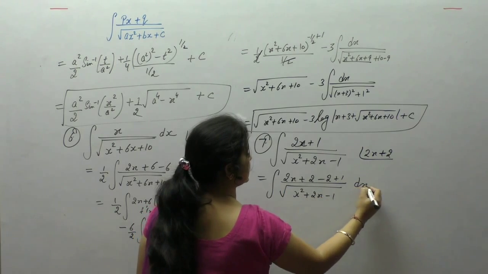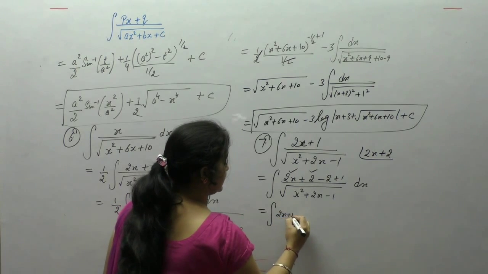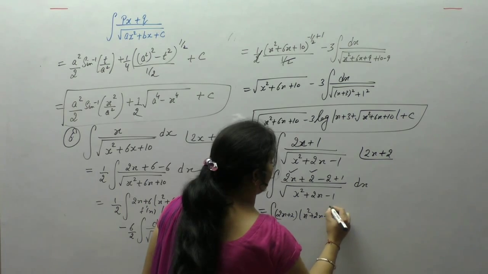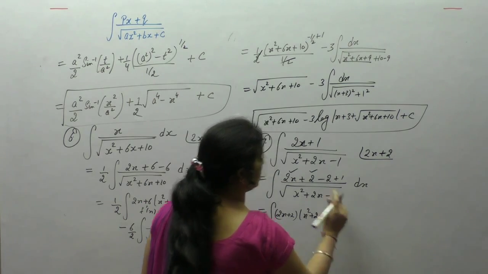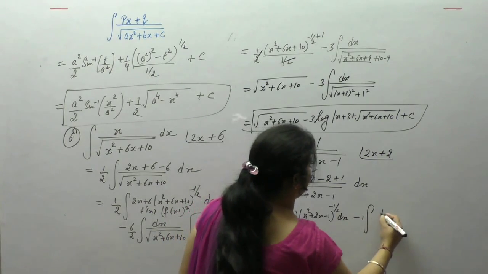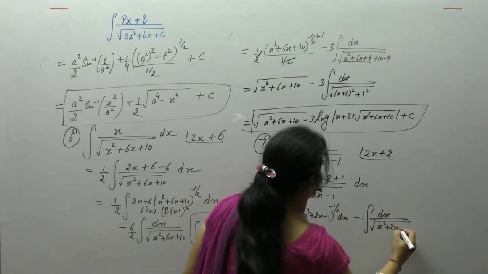Separate the terms. 2x plus 2 into (x square plus 2x minus 1) power minus 1 by 2. Minus 2 plus 1 is minus 1, dx upon square root of x square plus 2x minus 1.